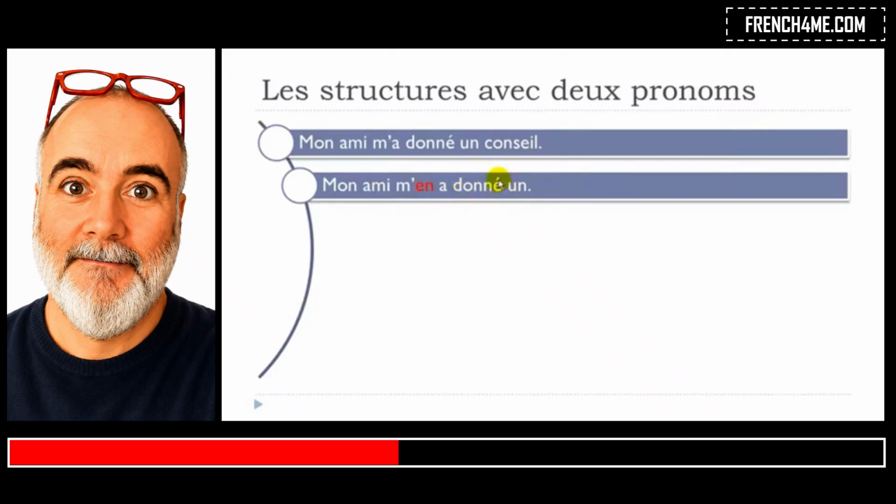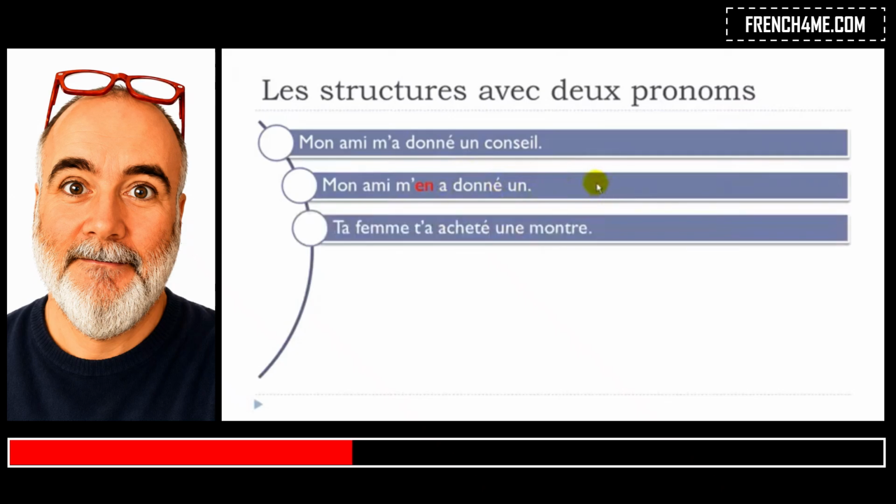You've got two parts because it's composed, so first you've got avoir, and then the participe passé form, but it's only one verb. That's the reason why you put first your pronoun me, and then this second pronoun en before avoir, because this is the verb here. So you get mon ami m'en a donné un.